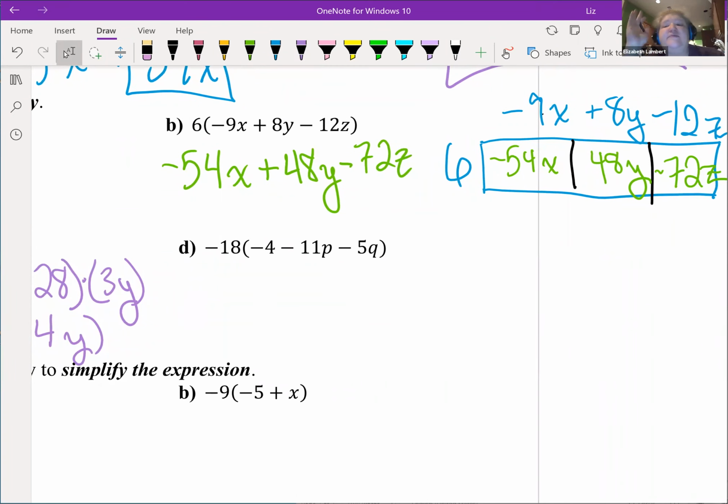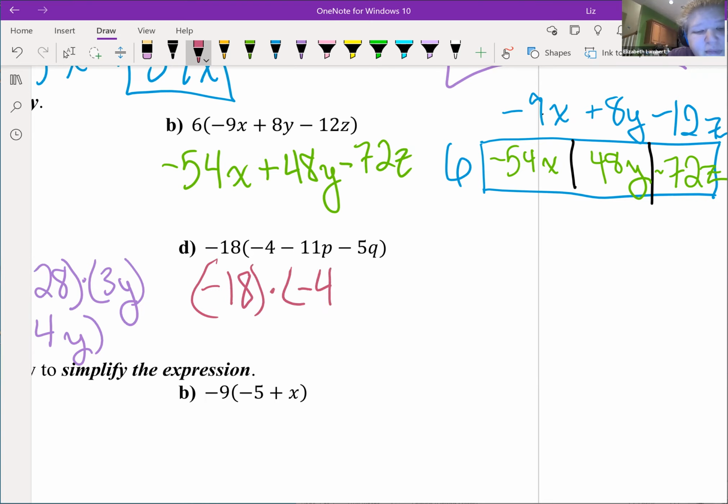Now here, negatives everywhere, good Lord. But again, we're just going to move that through. So I'm going to write it with the parentheses instead of the box. So this will become negative 18 times negative 4. We're going to end up with a lot of parentheses.